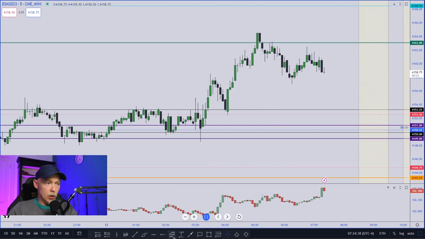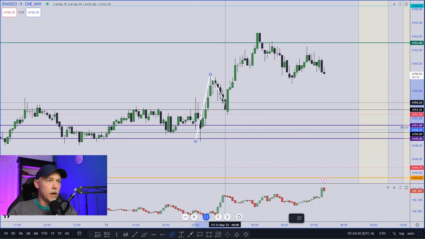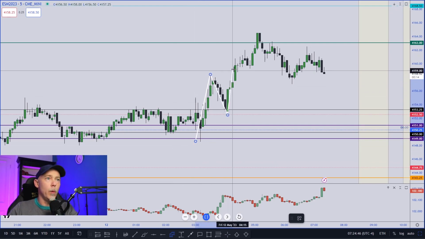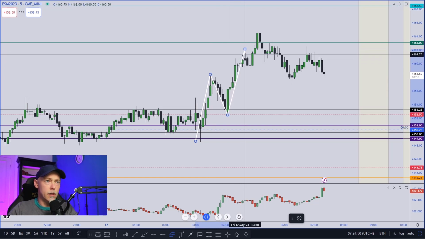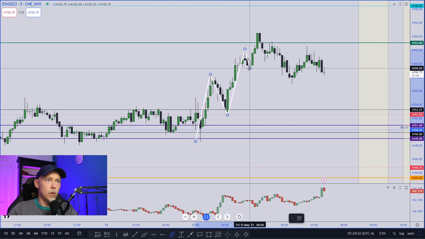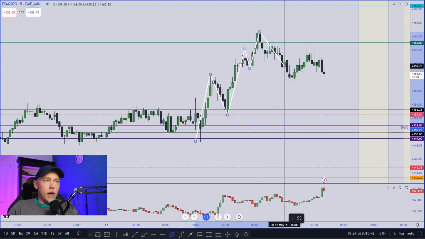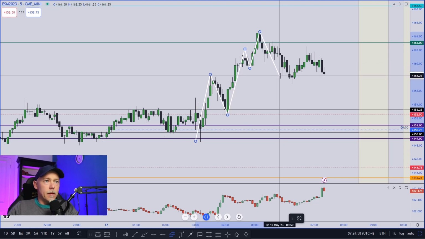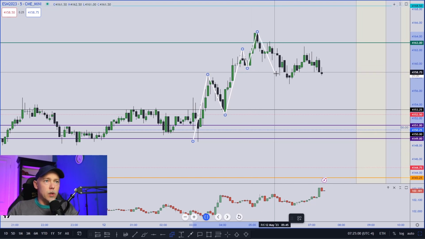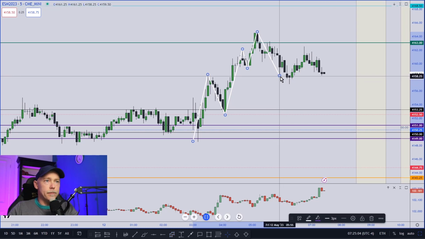We have a swing low down here. Price moved to a higher high, higher low, higher high. Now, when this candle here broke this low, this was a structural change. We kept moving lower.